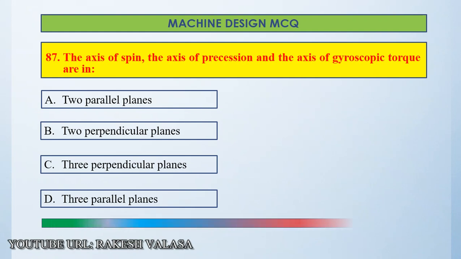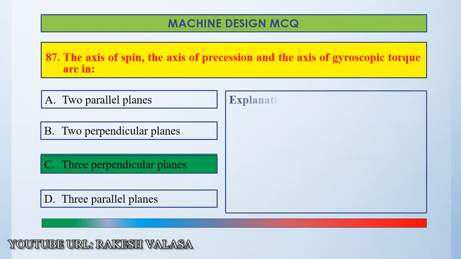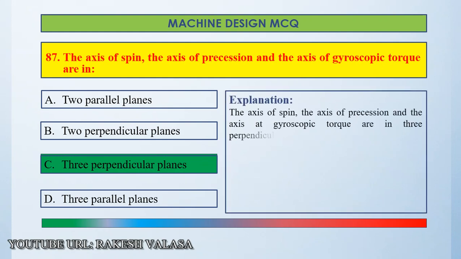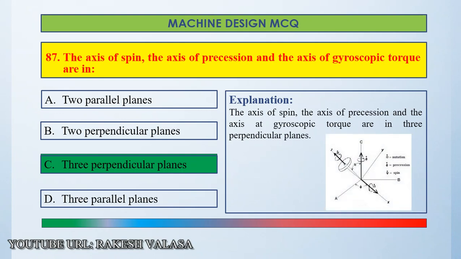The correct answer is option C, three perpendicular planes. Let us see the explanation. The axis of spin, the axis of precession and the axis of gyroscopic torque are in three perpendicular planes. So the correct answer is option C, three perpendicular planes.